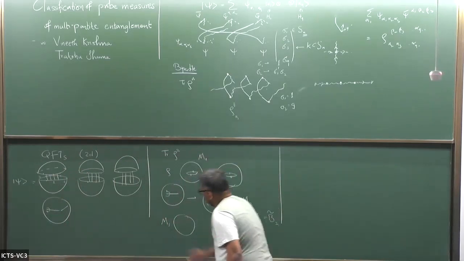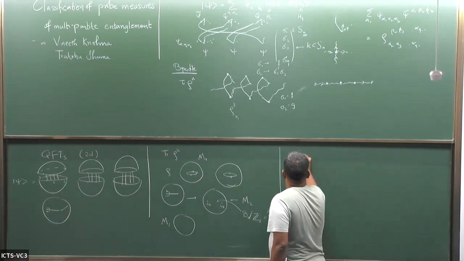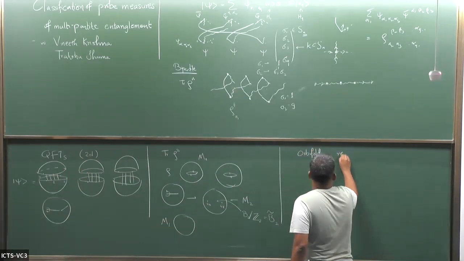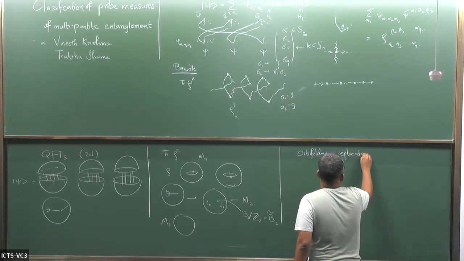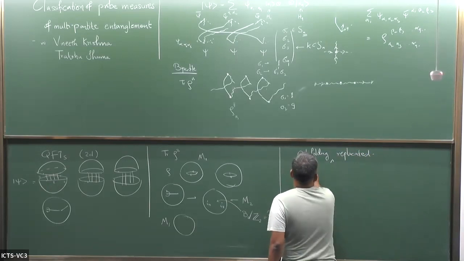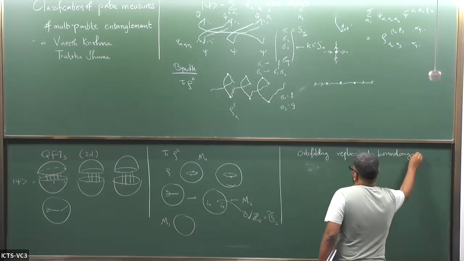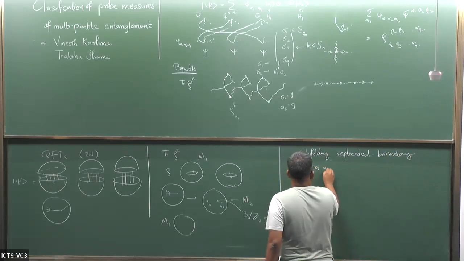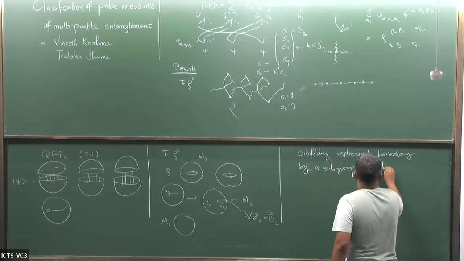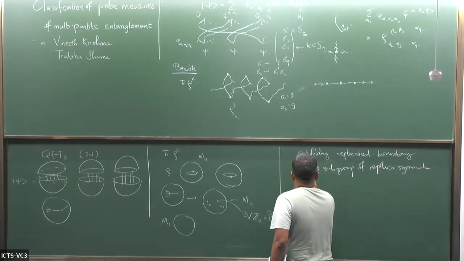Yes, exactly, M1. So I will require that orbifolding the replicated boundary by a subgroup of the replica symmetry gives the original boundary.